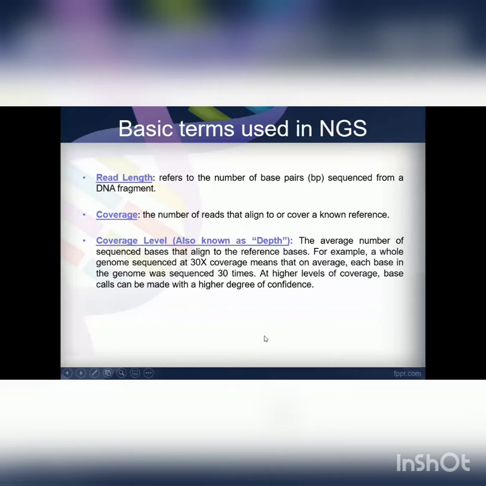For example, a whole genome that's sequenced at 30x coverage would mean that on average, each base in the genome was sequenced 30 times. And at higher levels of coverage, the base calls can be made with higher degrees of confidence. So coming to another term, that's paired end sequencing. This is sequencing from both ends of the DNA fragment in the same run.